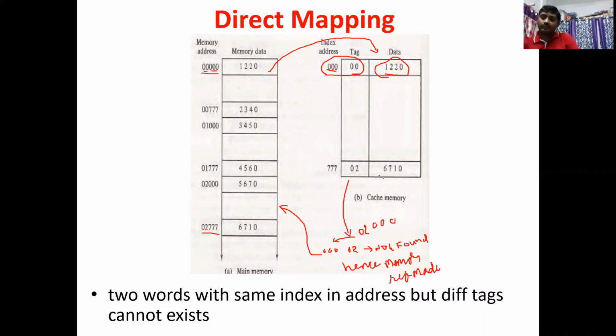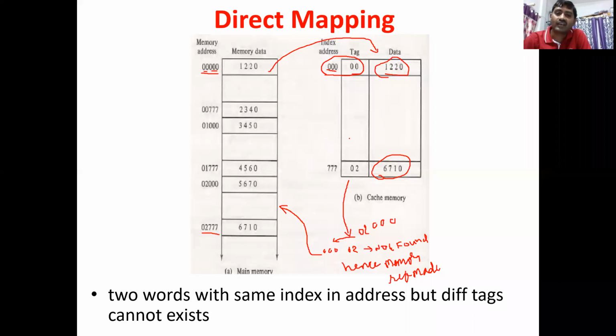So see here, the disadvantage of this method is that two words with the same index address but different tags cannot exist, right? Different tags will be there, and the same index cannot exist.